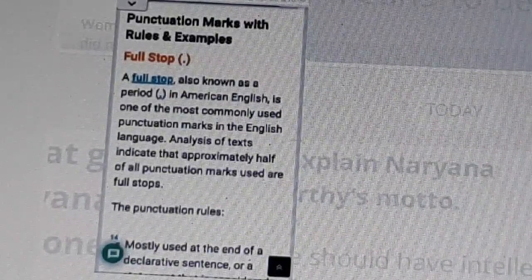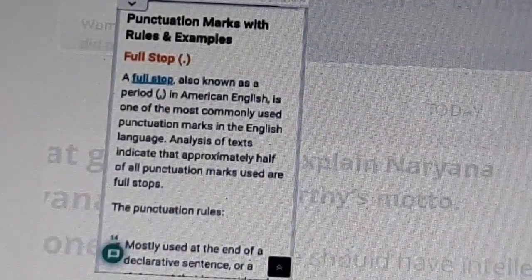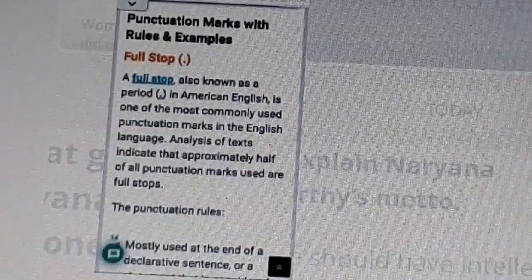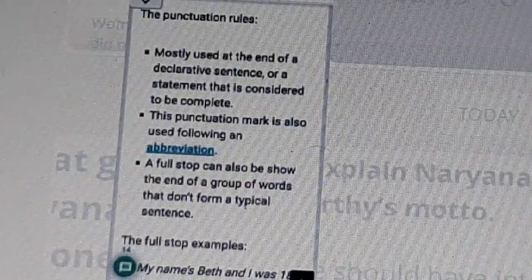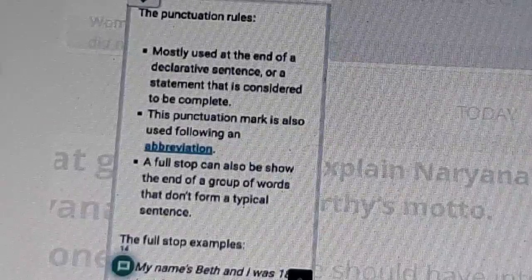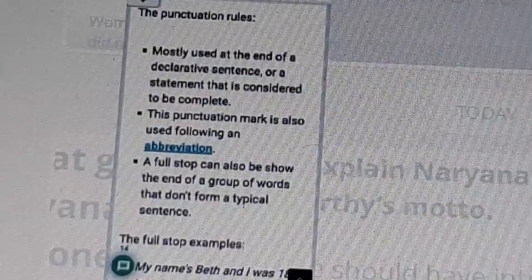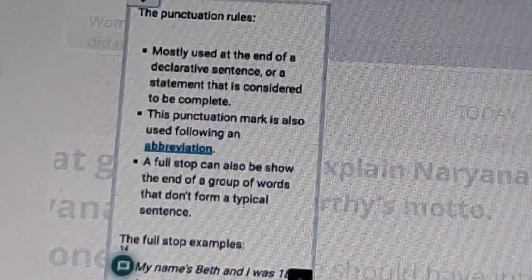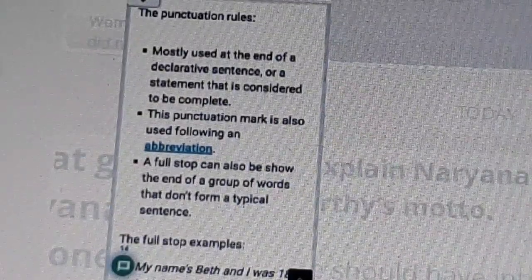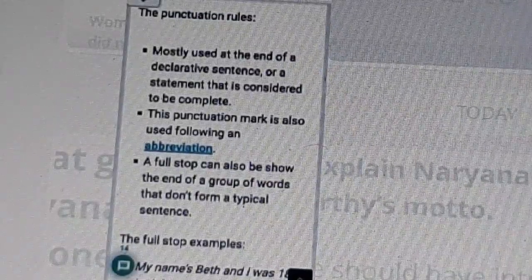We commonly use this period or full stop after the completion of each sentence. It is mostly used at the end of a declarative sentence or a statement that is considered to be completed. Here the sentence is completed and so we put a full stop there.